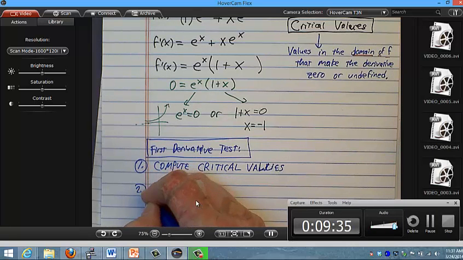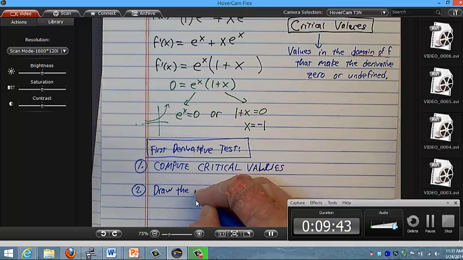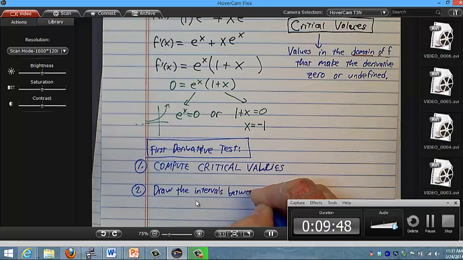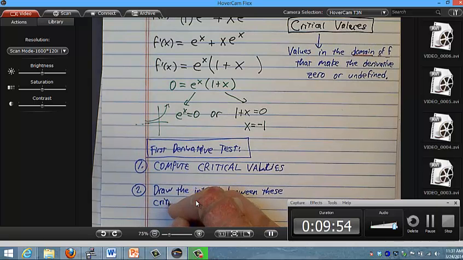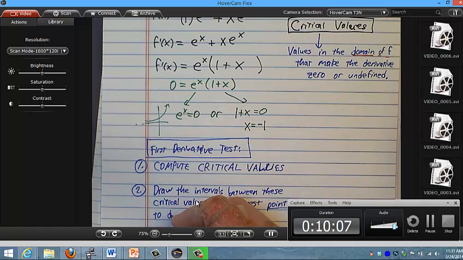Step 2, draw the intervals between these critical values and use what's called a test point to determine if the function is increasing or decreasing.